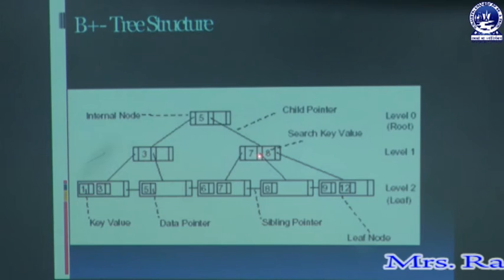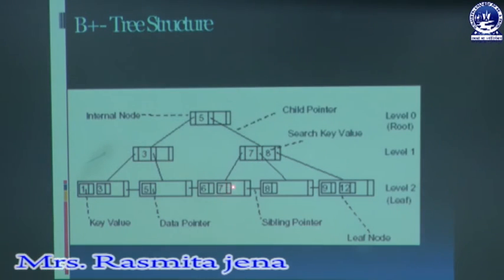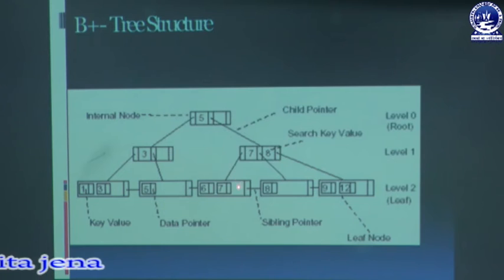But as we know, the structure of the internal node is different from the structure of the leaf node, because a leaf node contains the data pointer of each data present in the B plus tree. Within each leaf node the key condition is the same, that is K1 is less than K2, which is less than K3.